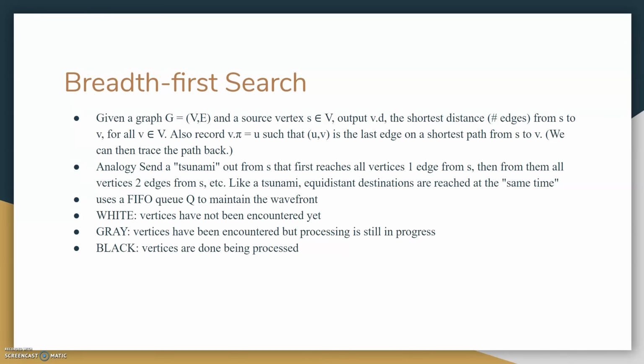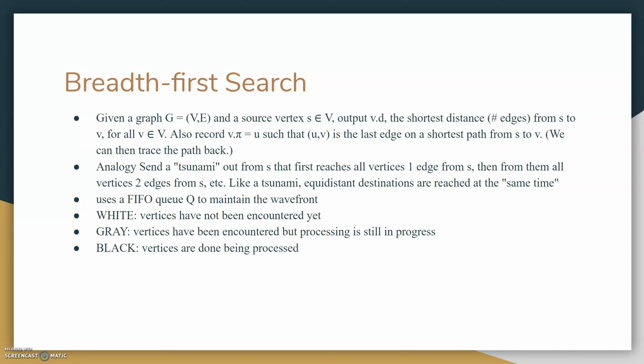For colors, we use white to symbolize that a vertex has not been encountered yet. It's the original color, white from the beginning. Then it becomes gray, which means the vertex has been encountered but processing is still in progress.